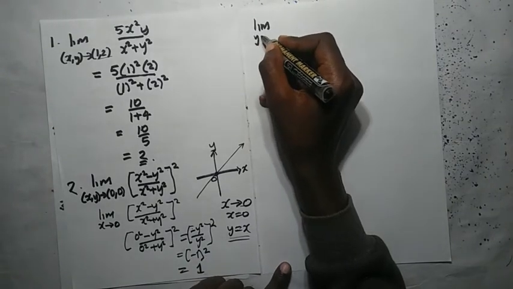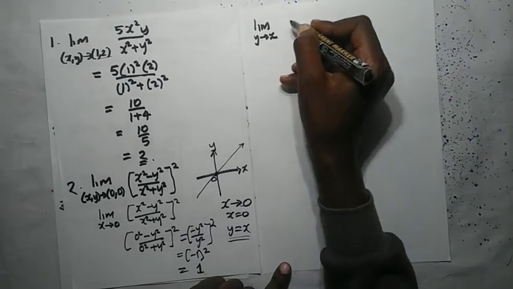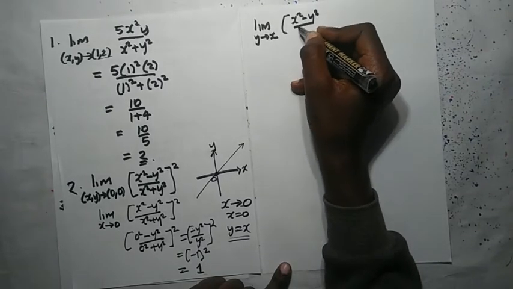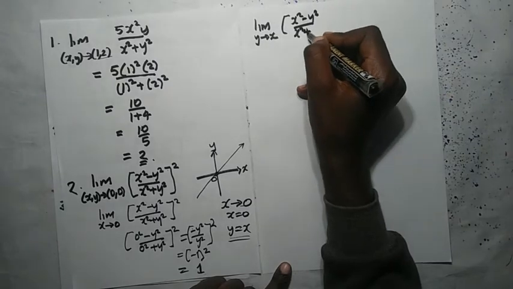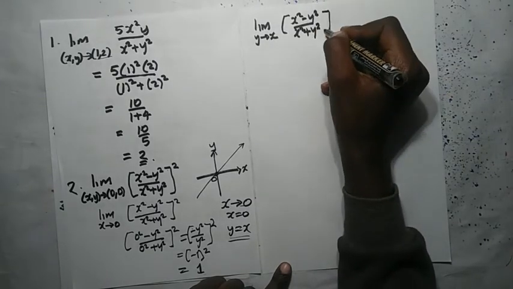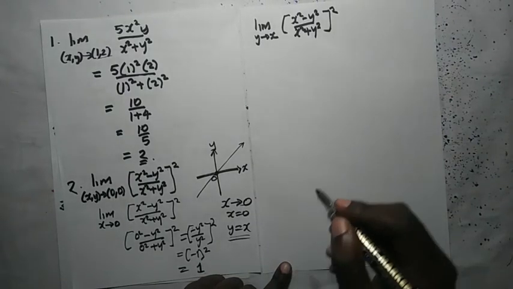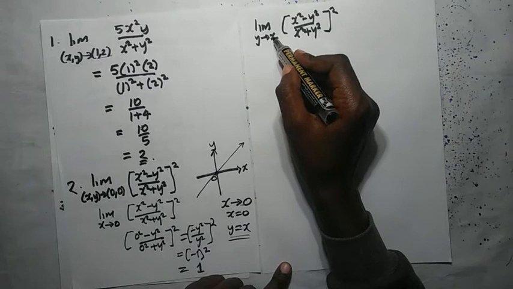As y approaches x of the same function, x squared minus y squared over x squared plus y squared, the whole thing squared. Okay, so we are going to substitute x where there is y.